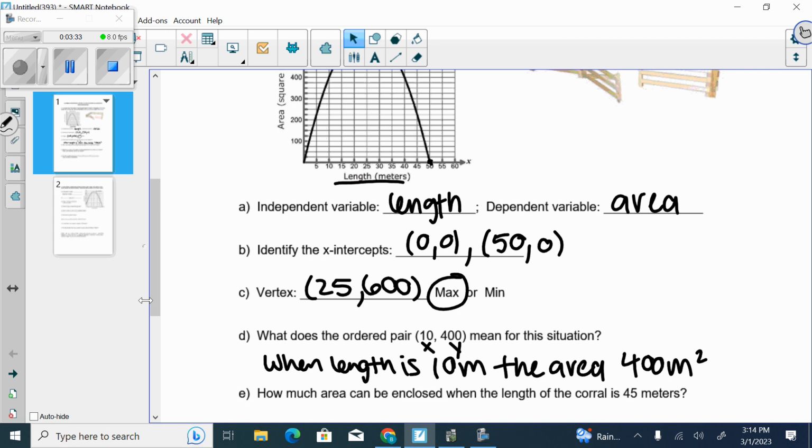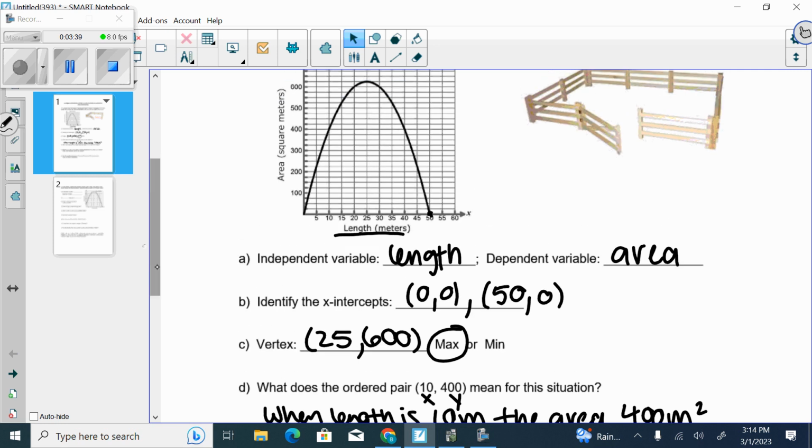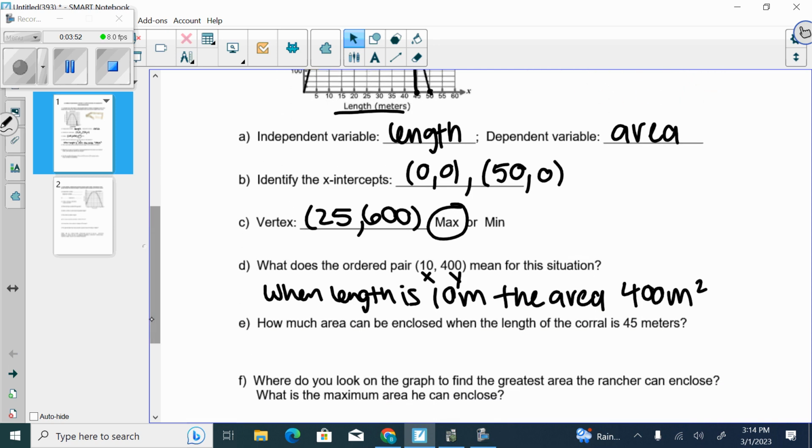Good. E says, how much area can be enclosed when the length of the corral is 45? So again, is length on my X or my Y-axis? X. Okay. So on my X-axis, I'm going to go over to 45. That's right here, right? I need to see where that intersects my graph. Yes, very good. So whenever my length is 45, what's the area going to be? 200.